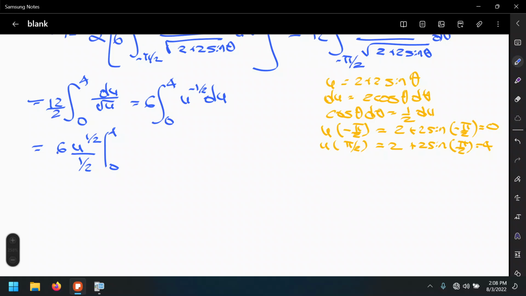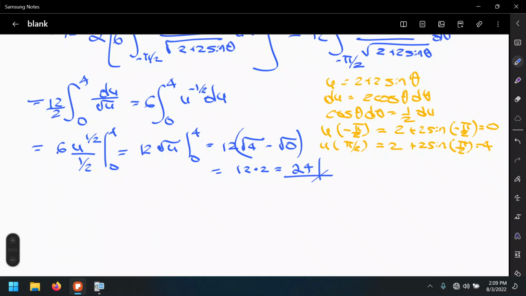But dividing by 1/2 is the same as multiplying by 2. That's going to be 12 square root of u from 0 to 4, and here square root of 4 minus square root of 0, that's 12 times 2, which is 24 units.